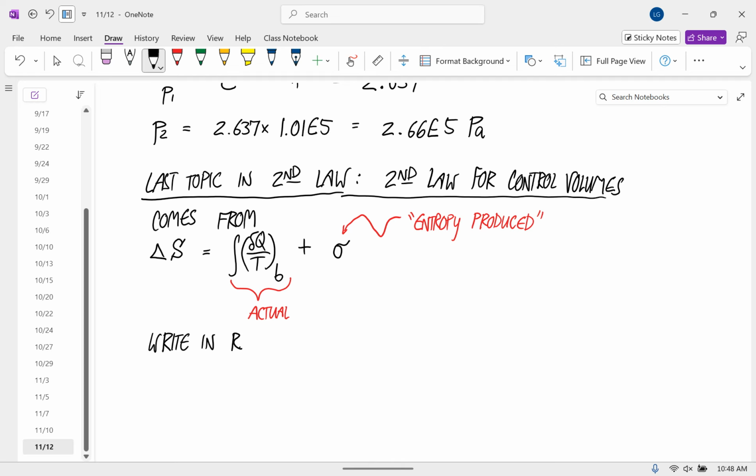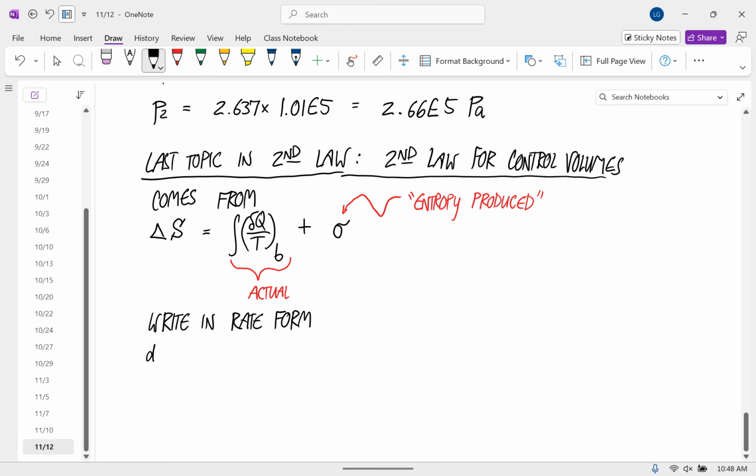So if you rewrite this in rate form, you get something that says the time derivative of entropy with respect to time is equal to the sum of all the rates of heat transfer divided by the temperature where it happens, all the way around the boundary, plus a rate of entropy production.